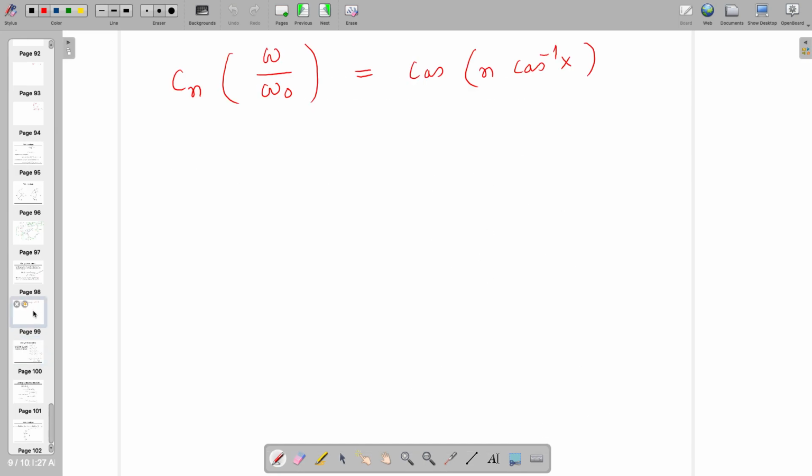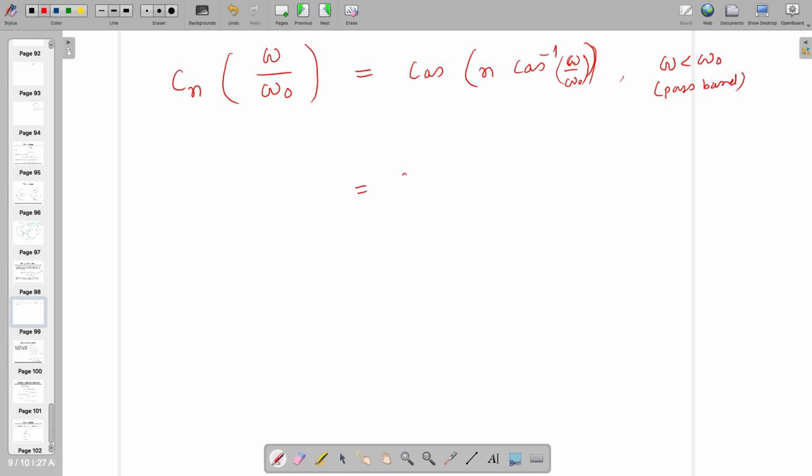Is it correct? Yeah. The x is omega by omega 0. This applies when omega by omega 0 is less than 1, that is, when omega is less than omega 0, you are in the passband.